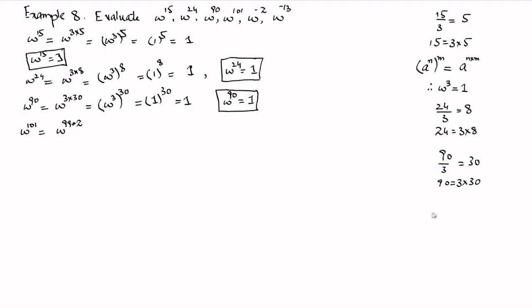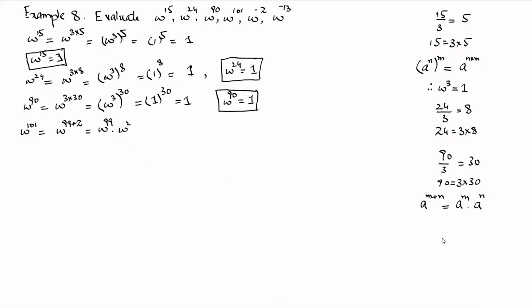And from the properties of quotient, if a is raised to the power m plus n, that can be written as a raised to the power m multiplied by a raised to the power n. So that can be written as omega 99 into omega square.